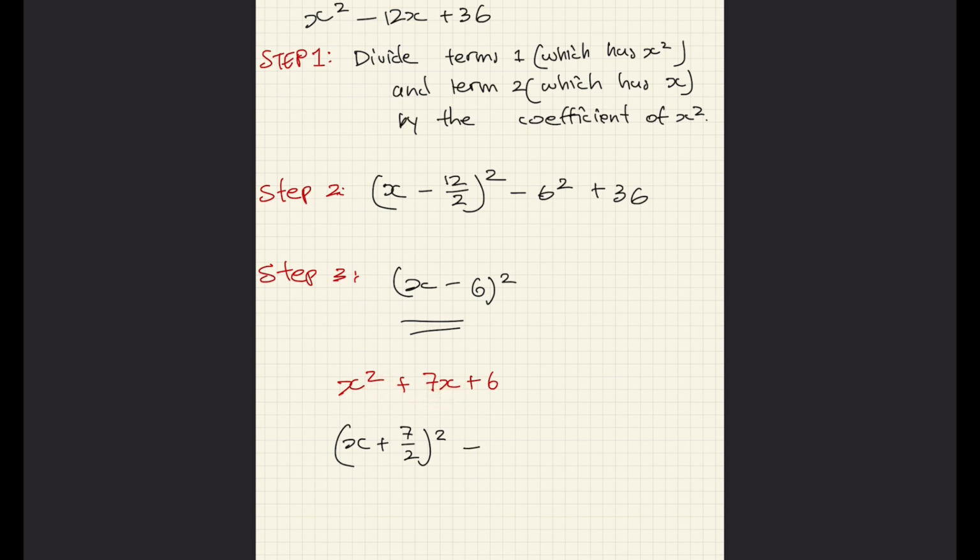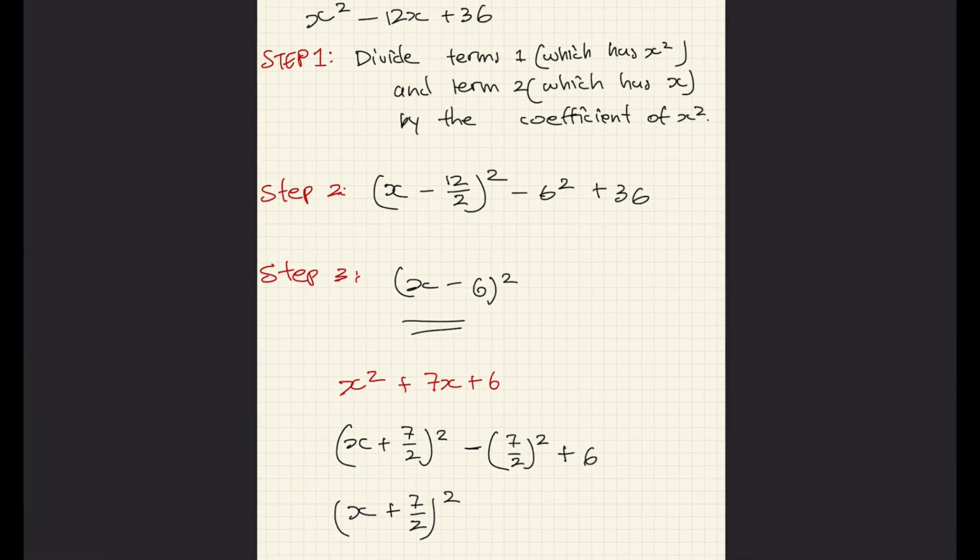Then I need to minus 7 on 2 squared. Great. And then I need to add 6. So when I simplify this, that's x plus 7 on 2 squared minus 49 on 4 plus 6.